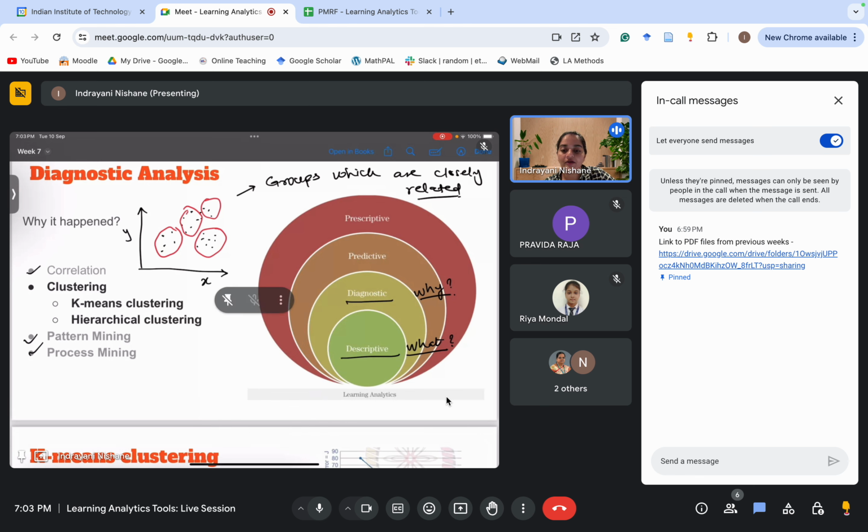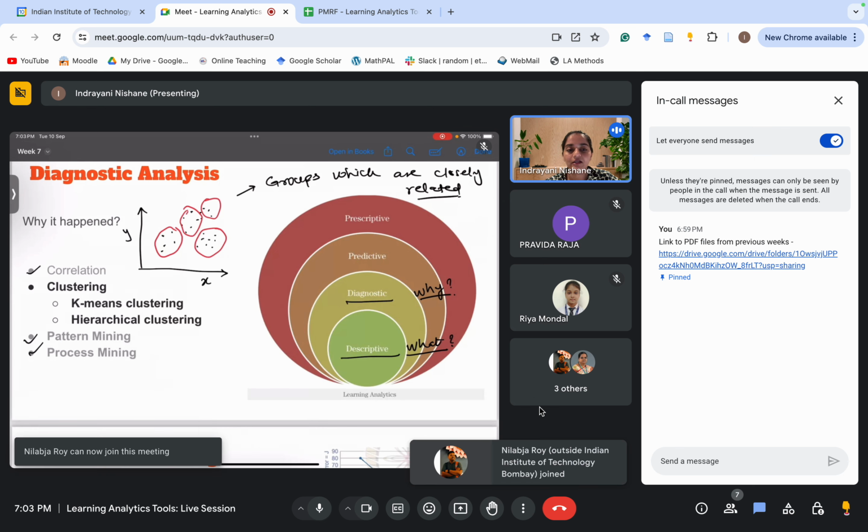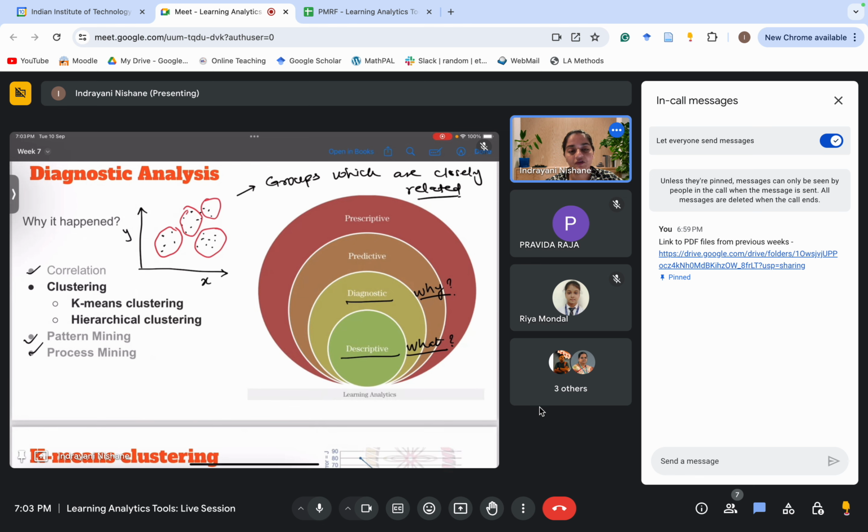You all remember the goal of learning analytics: the goal of the entire learning analytics is to optimize our learning environment and improve the learning experience of our learners. In order to begin that, we have to create some student profiles, some n types of students which exhibit qualities closely related to each other, and so on.